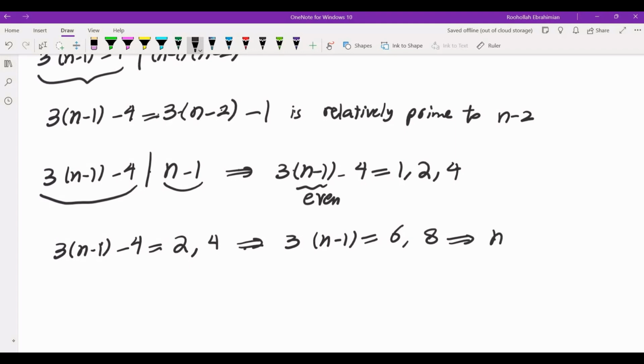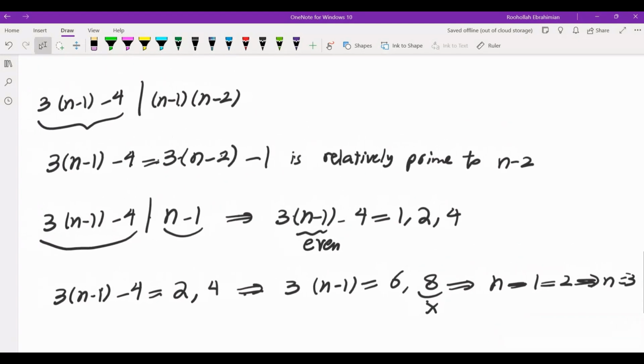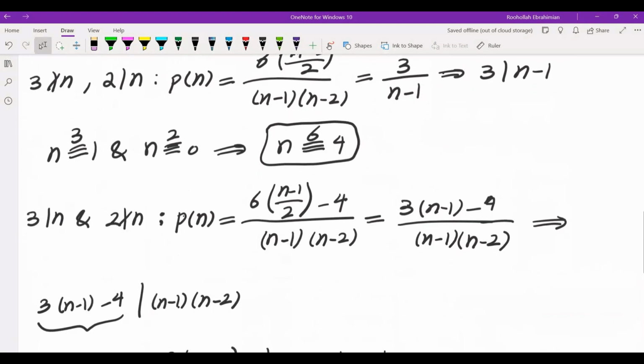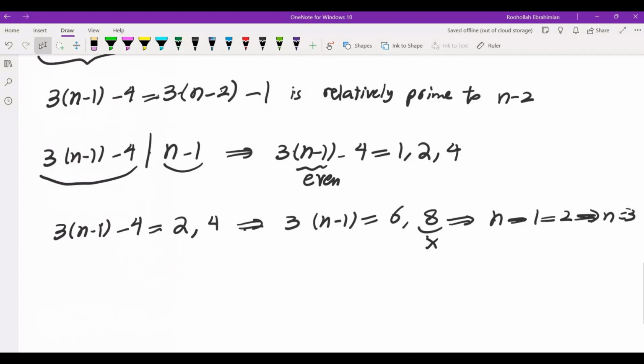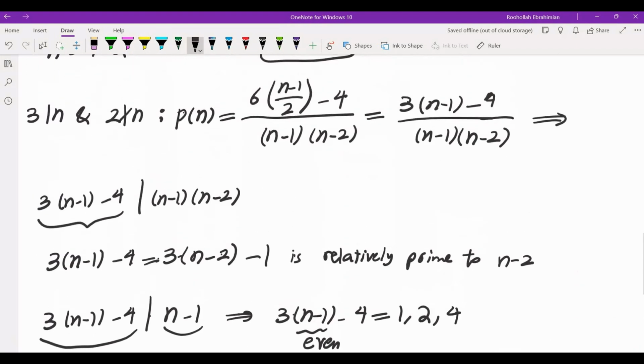That means n minus 1 must be 2, so n is 3. 3 times (n minus 1) cannot be 8, so n equals 3 is one possibility. And in fact, if you plug in n equals 3, which is odd, we get probability 1. So this is one other possibility.